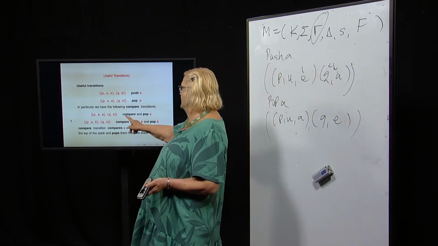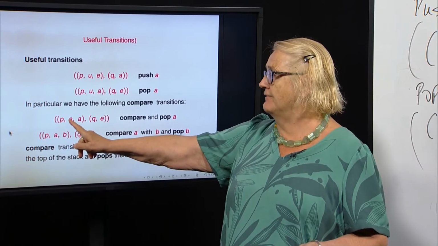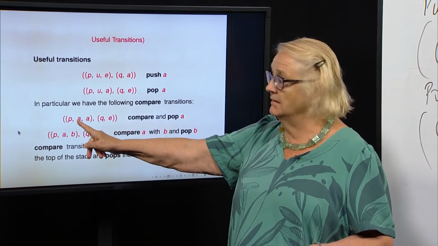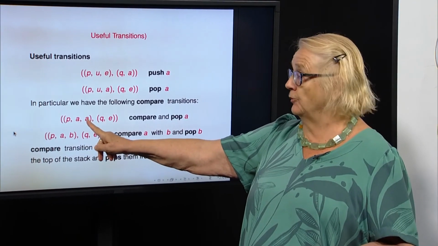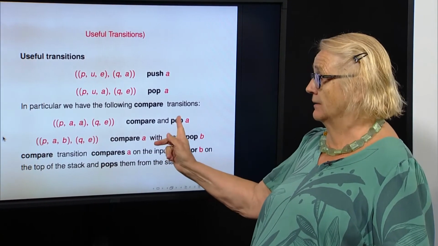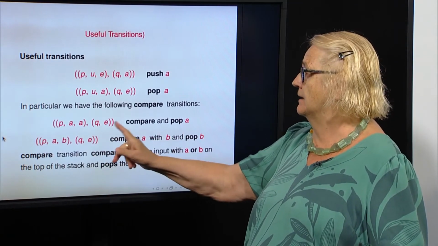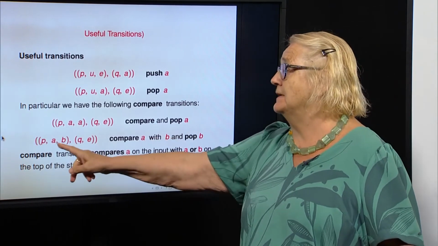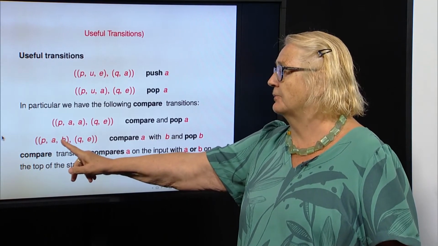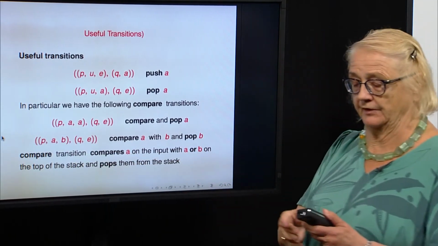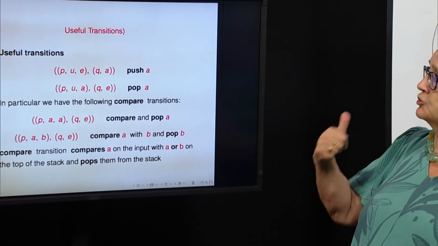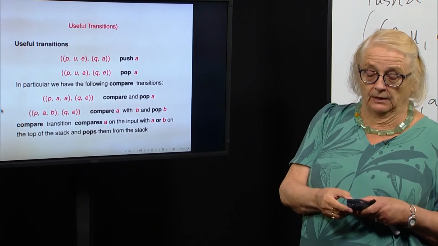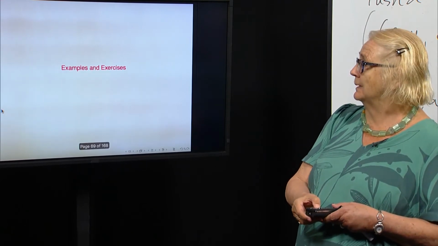It means compare and pop: you read A, A is on the top of the stack, you pop A. So if the input is A, you can pop A, and here is comparing A with B: you read A, B is on the top of the stack, and you pop B from the top of the stack. So push, pop, and comparing are the basic transitions which we will be using in defining automata.